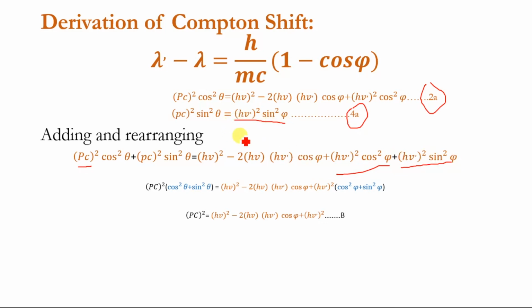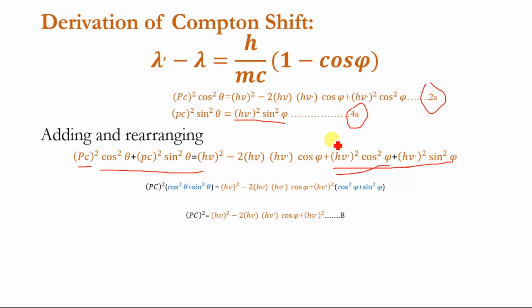This is this term. Now we will take common pc whole square from this term. We will get pc whole square into cos square theta plus sine square theta is equal to h mu whole square minus 2 h mu dash cos of pi plus, now here you see these two terms, h mu dash whole square plus h mu dash whole square.